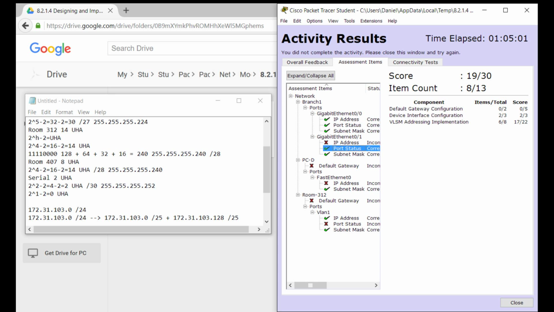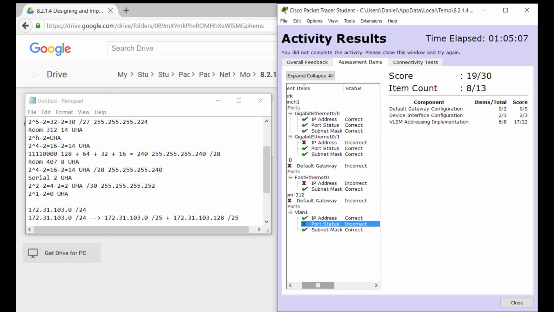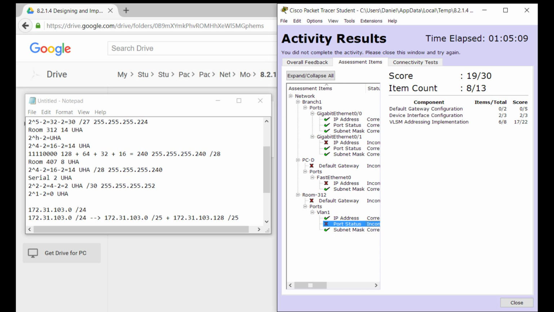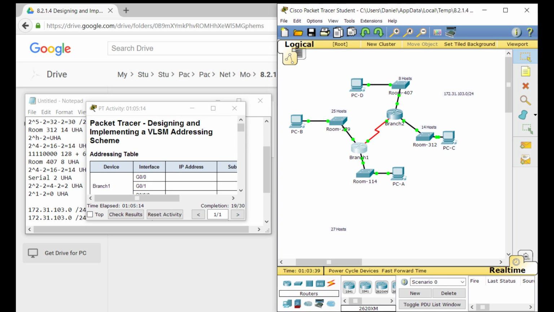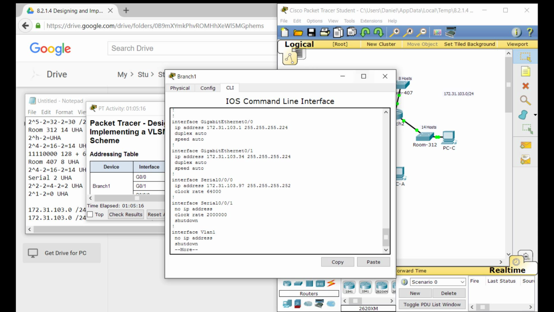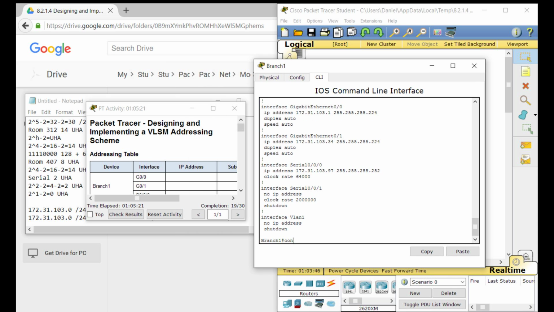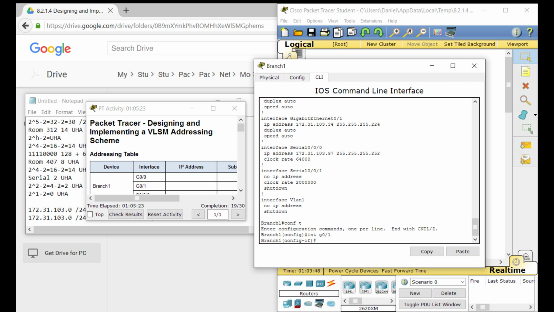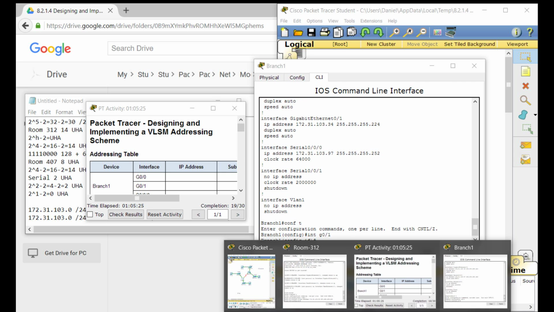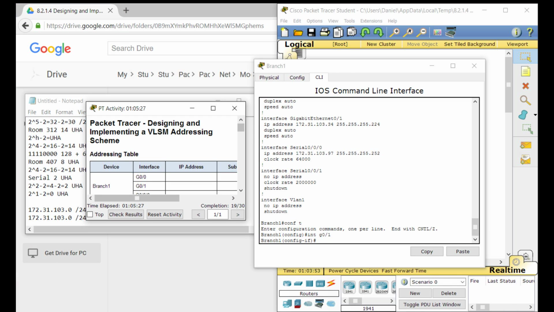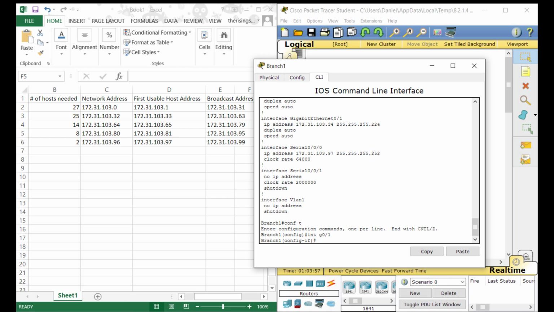What did I miss? What did I miss? Ooh. Okay, so let's go back and correct our mistakes. Apparently got the IP address wrong, so let's go back and look at that. So going back in G0/1. Pull up my Excel table.